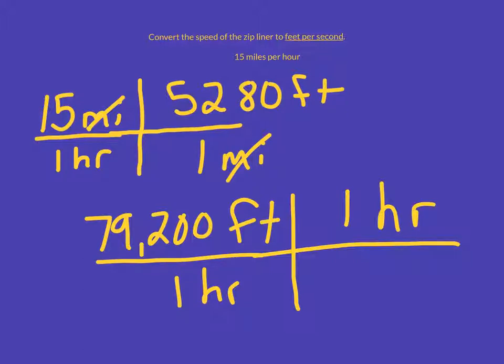And for seconds, there are 3,600 seconds in an hour. This is my conversion factor right here. There's 3,600 seconds in an hour. So now I need to do the same thing here, what I did up here.